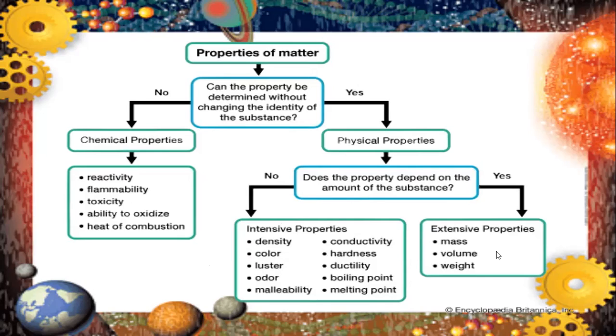For extensive property, we have the mass, volume, and the weight. For chemical properties, we have listed here the reactivity, flammability, toxicity, ability to oxidize, and the heat of combustion. Now let us proceed first to physical properties.